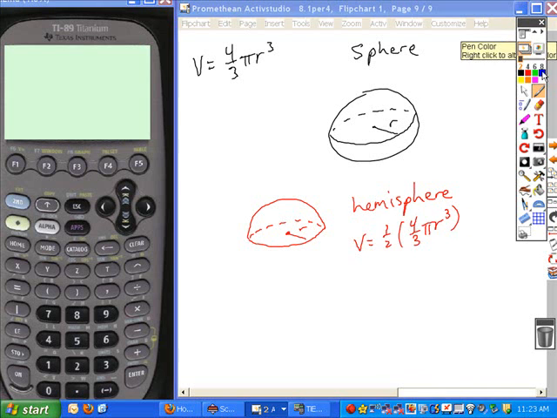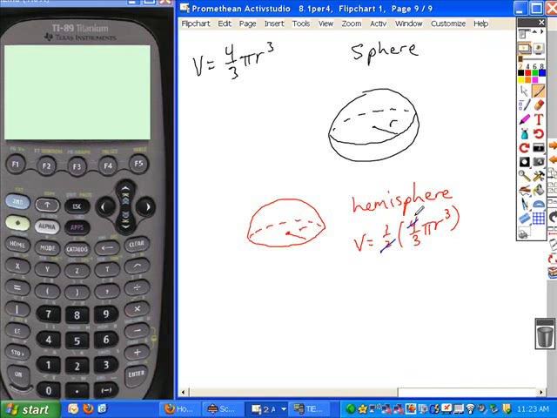So again, you don't need to memorize a separate equation for this. The 2 does simplify with the 4, creating a simplified equation of 2/3 pi r cubed. So the volume formula for a hemisphere does have a specific equation, but you don't have to memorize it.